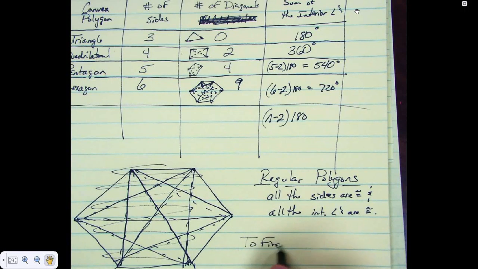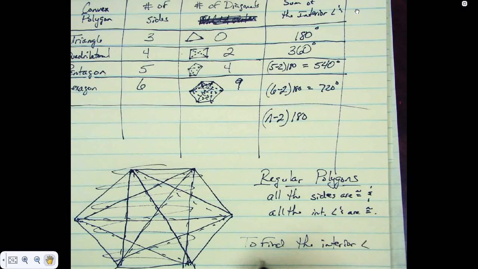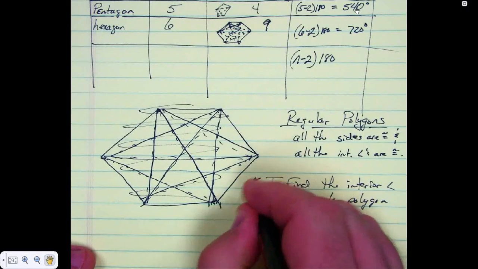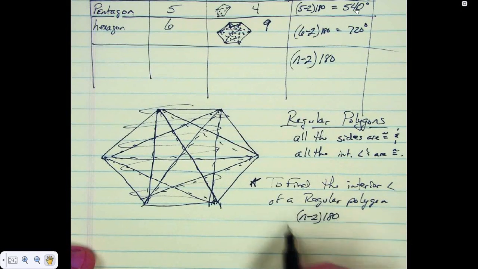To find the interior angle of a regular polygon, you use this: n minus 2 times 180. Isn't that the sum of all the interior angles, all of them added together?